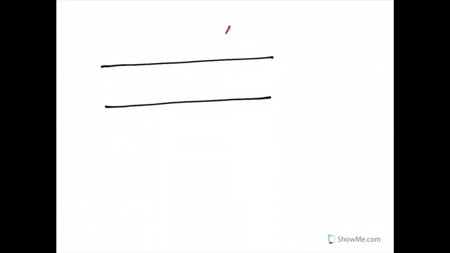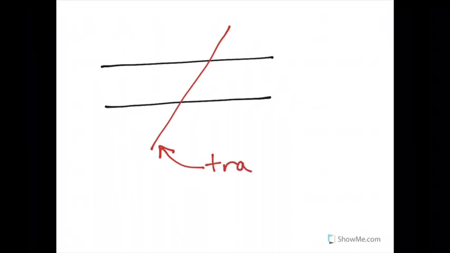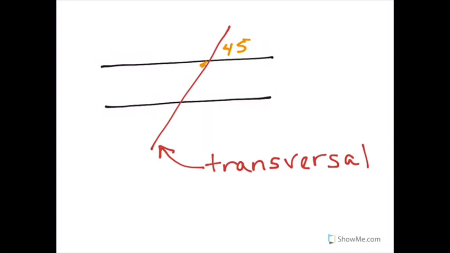This also helps us when we're given a set of parallel lines and a transversal. This line here is what we call a transversal line. And I'm going to go ahead and fill in some information and state that that angle is 45 degrees. If I know that that's 45 degrees, then I know that the angle right here has to also be 45 degrees because they are vertical.